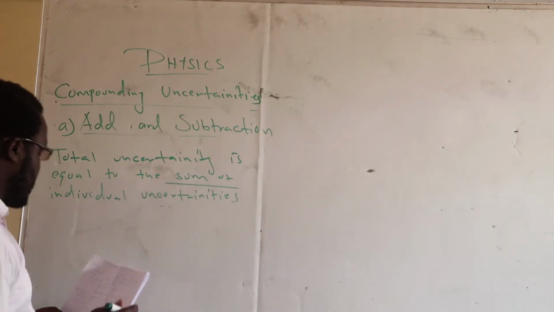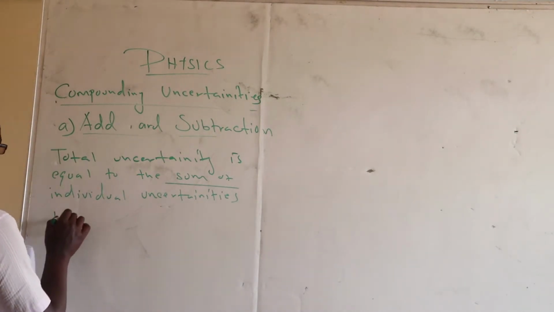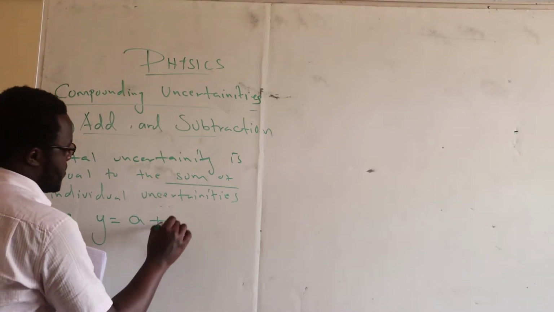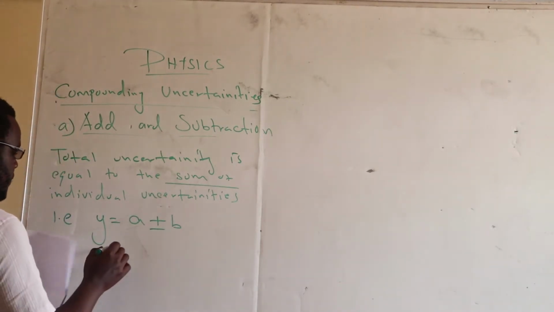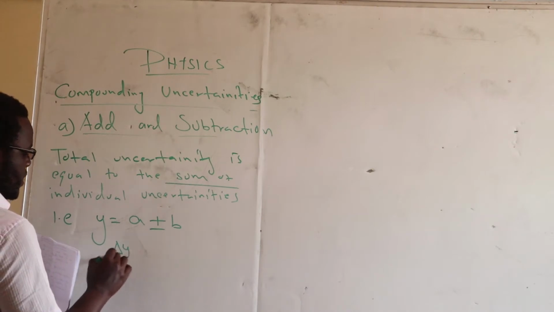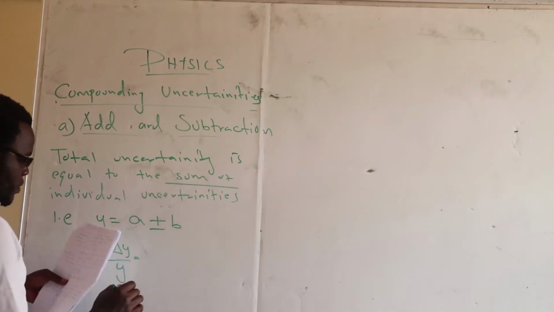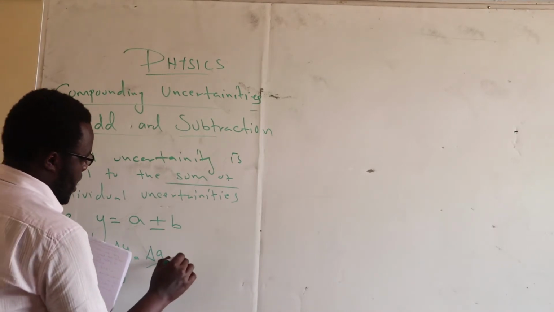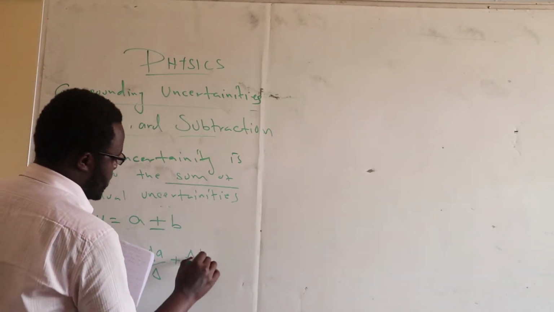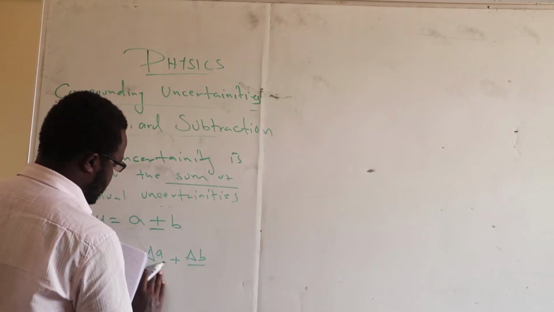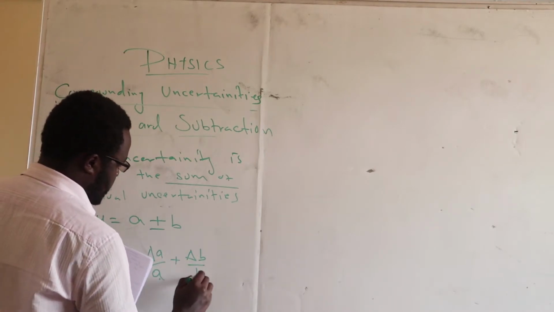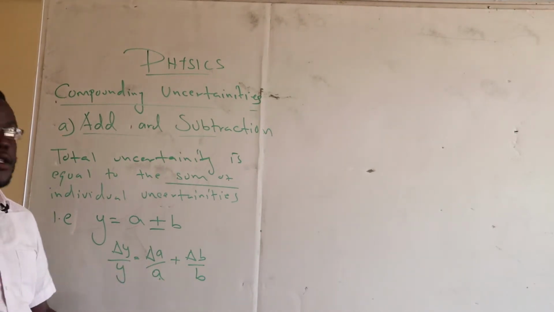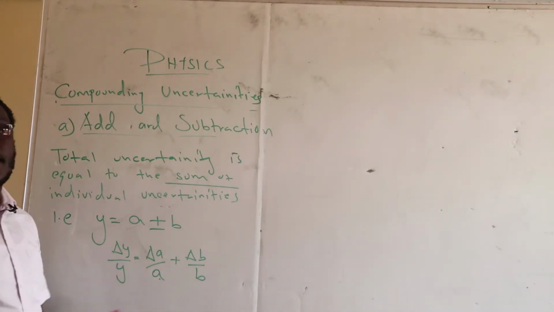I want to give a small example. That means, i.e., if y is equal to a added or subtracted to b, then the uncertainty of y is equal to the uncertainty of a plus the uncertainty of b.